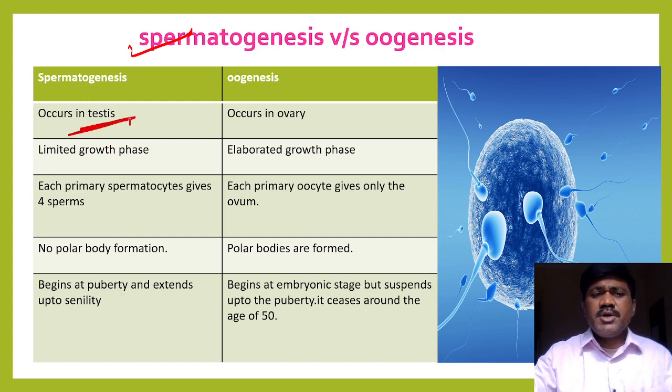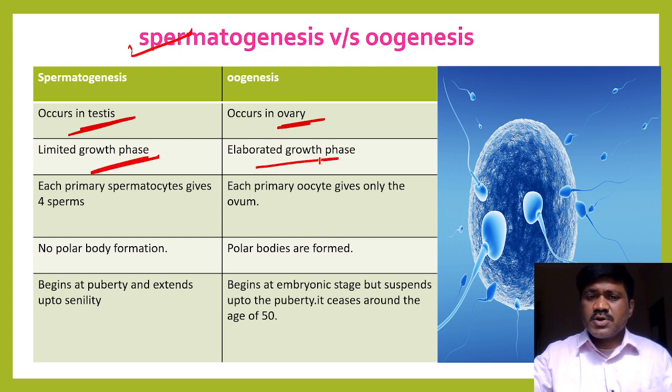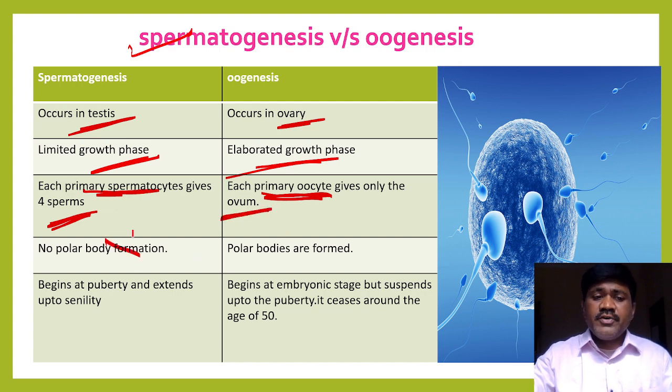Okay. Now let's try to understand the differences between the spermatogenesis and oogenesis processes. We know that spermatogenesis occurs in males, in the testis, while the oogenesis process occurs in the ovary. In spermatogenesis a limited growth phase is there, but in oogenesis an elaborated growth phase is there. In spermatogenesis, from the primary spermatocyte, 4 sperm cells will be formed. But in oogenesis, each primary oocyte gives only one ovum. There is no polar body formation in spermatogenesis; here polar bodies are formed.